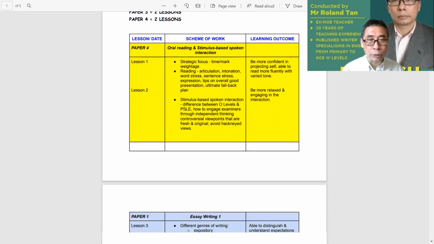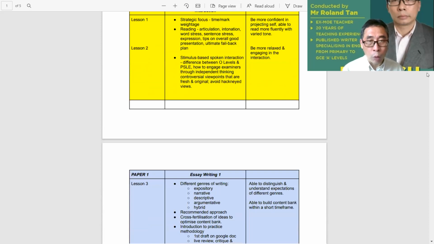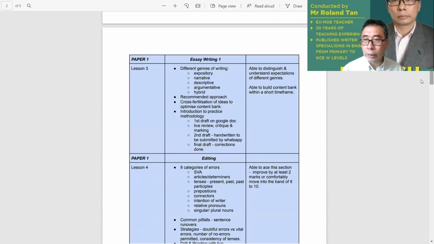Okay, let's proceed to paper one. Well, this is the scourge, if I may put it, of most students. Many students just do not like writing.